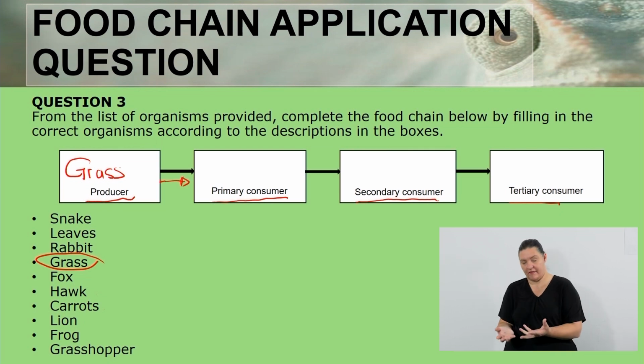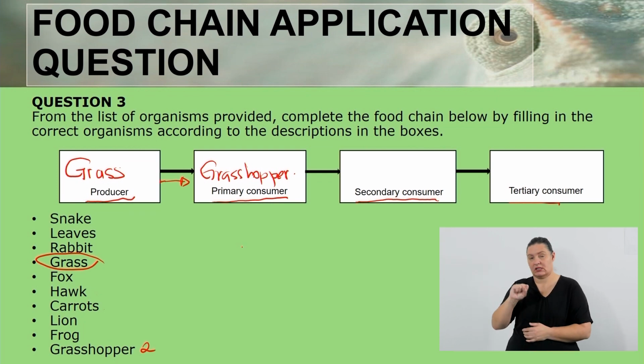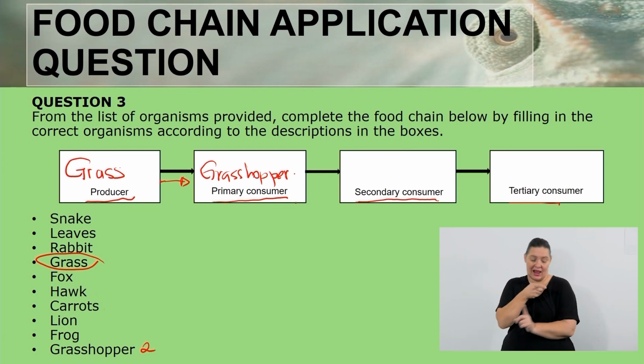So the energy from the grass is now going to be moved to what? What is the grass being eaten by? In this instance, I am going to pick the grasshopper. The energy from the grass is being transferred to the grasshopper, and our grasshopper is our primary consumer because it is the first to eat the plants.